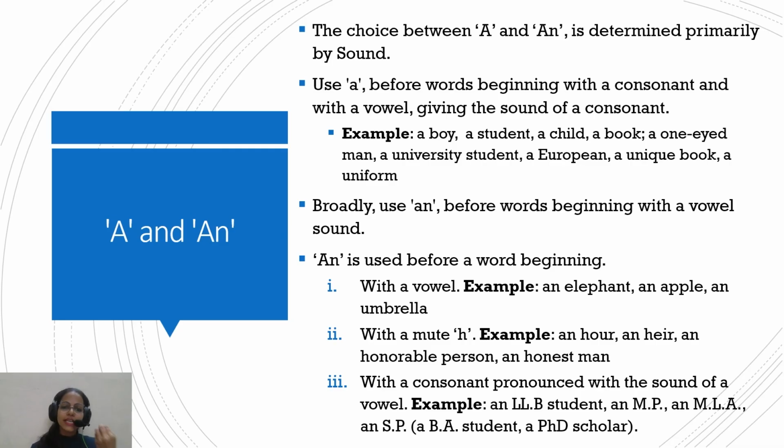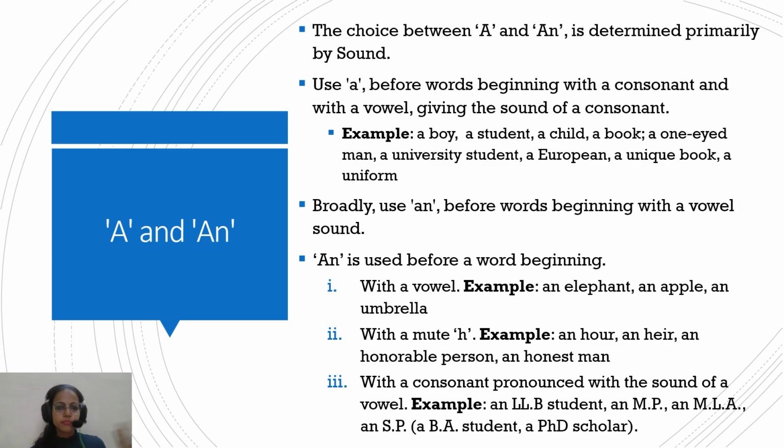So a is used before consonant sounding words, and an is used before vowel sounding words. You know the five vowels a, e, i, o, u. Before these or words that sound like these, we use an as an article. Let's see some examples.